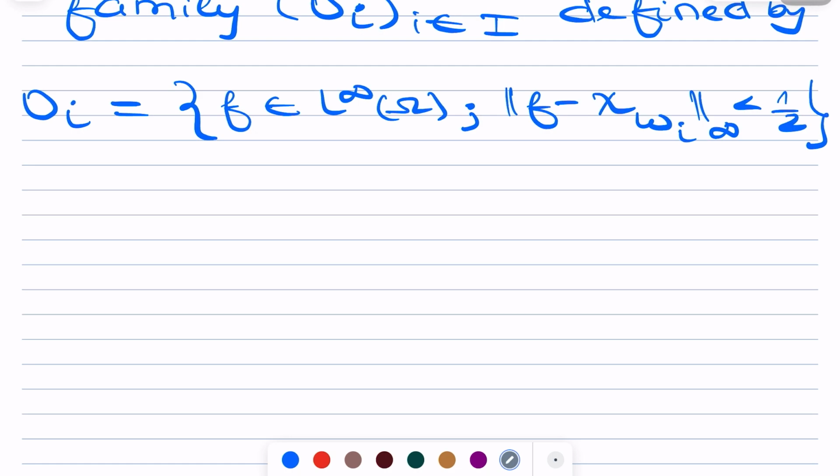So the main deal is about the existence of the uncountable family W_i.